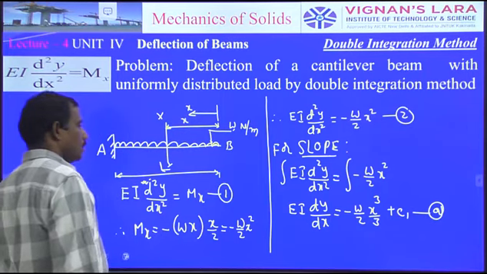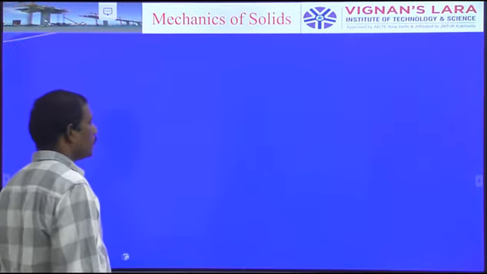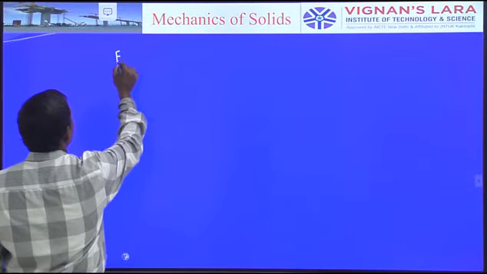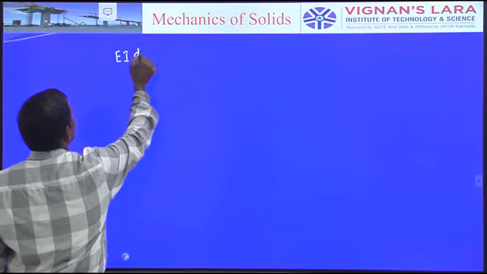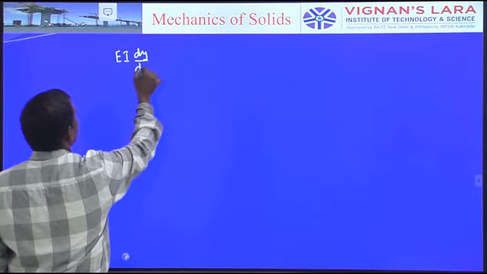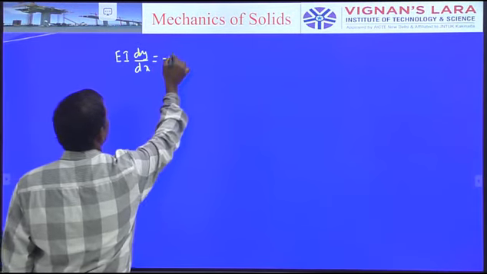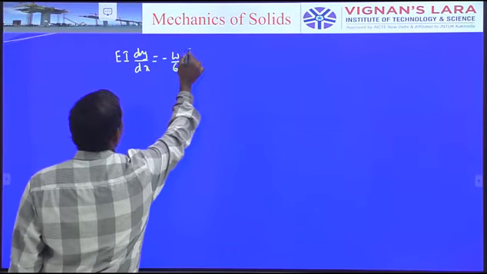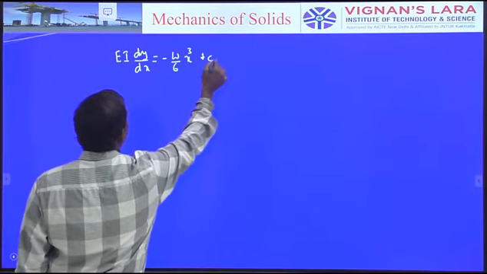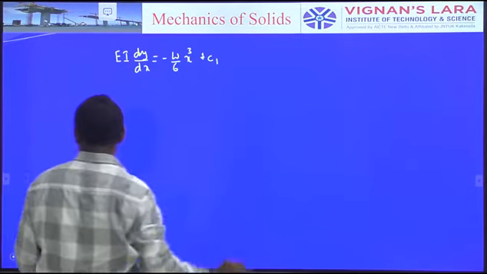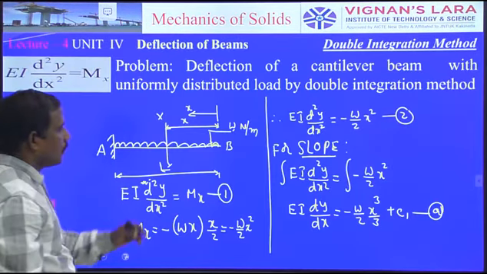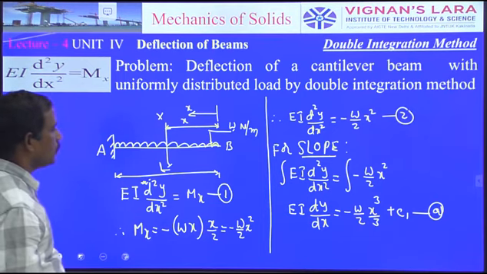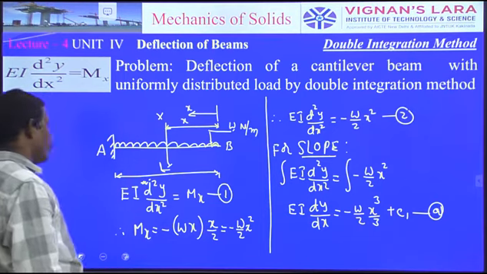Equation A may be rewritten as EI into dy by dx is equal to minus w by 6 into x cube plus c1.